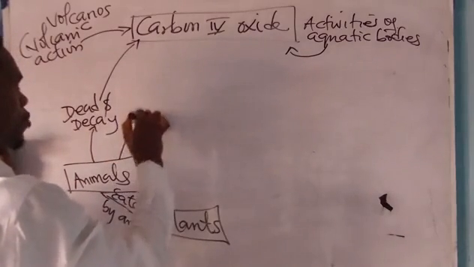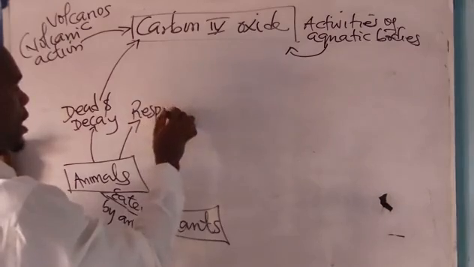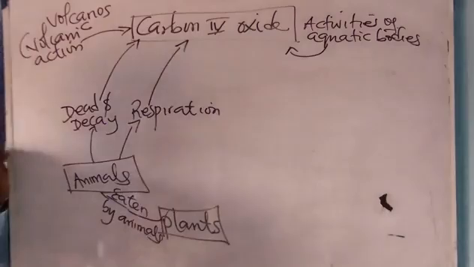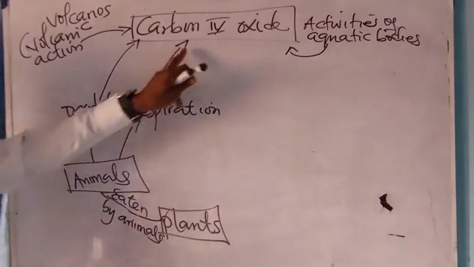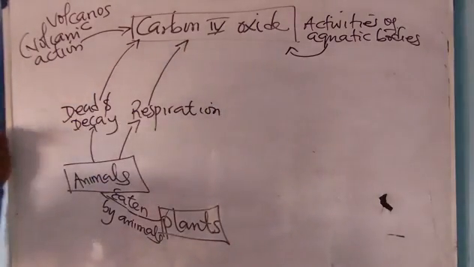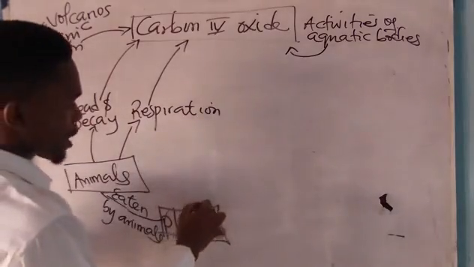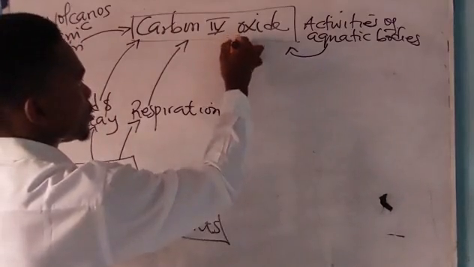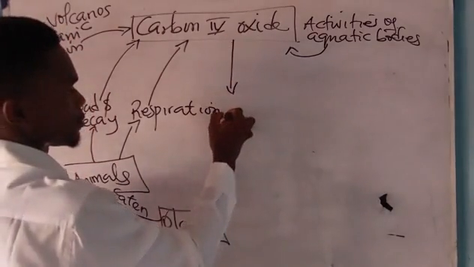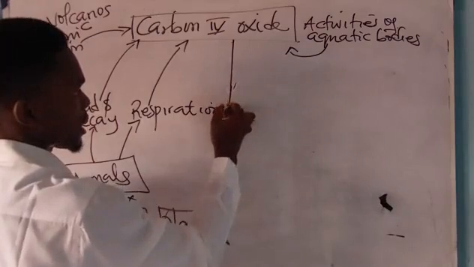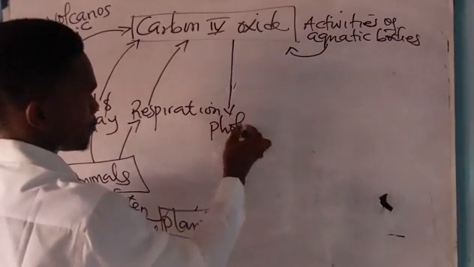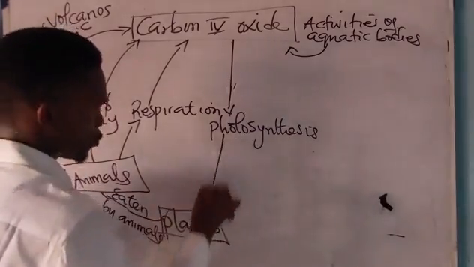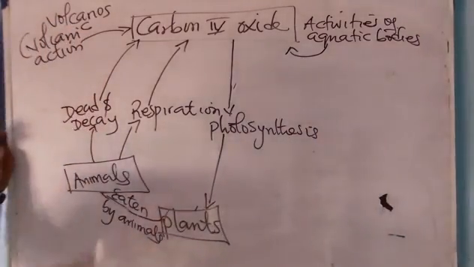Animals will undergo respiration, right? Animals will undergo respiration to release carbon dioxide into the atmosphere. Plants, they'll make use of carbon dioxide through photosynthesis. Do not forget that.